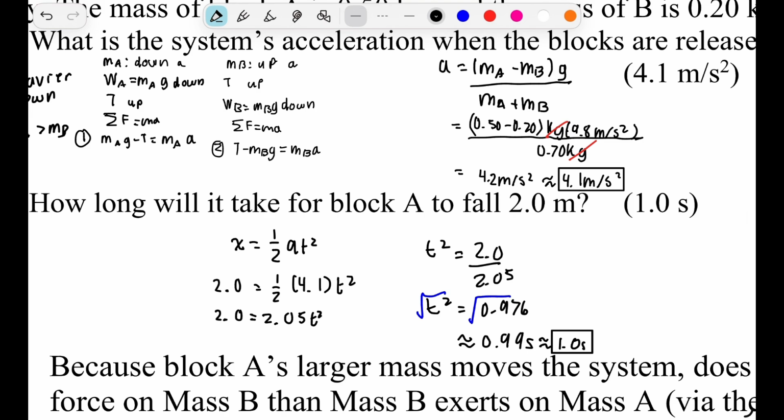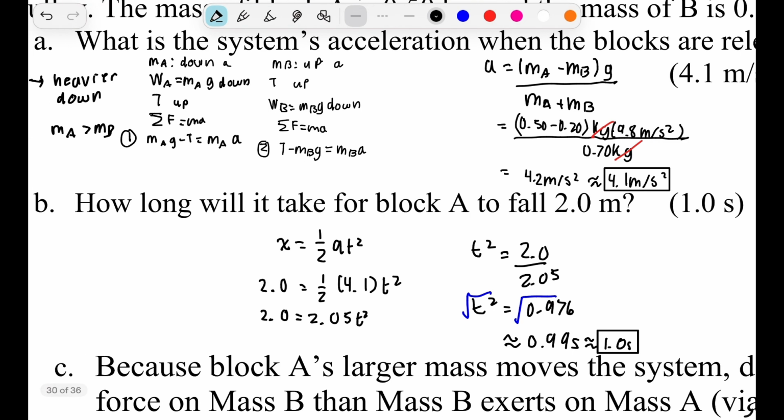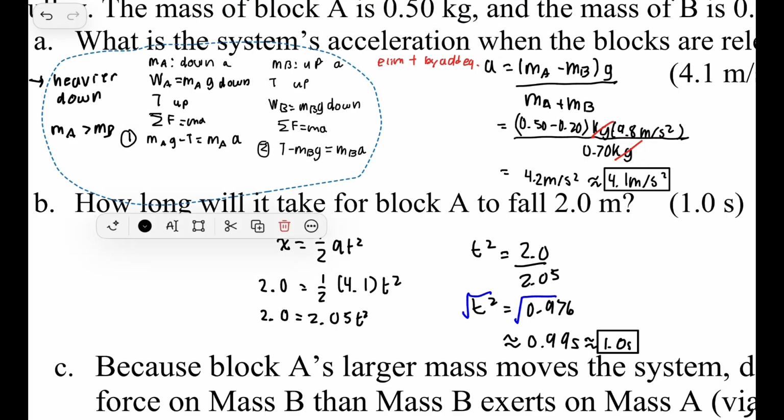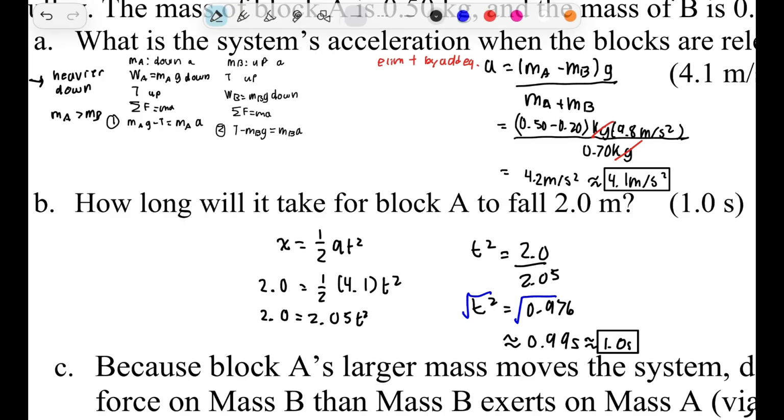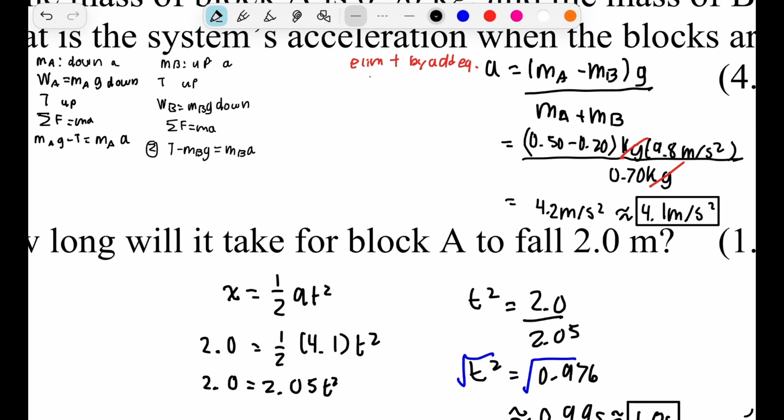Now we have two equations. So we can eliminate the tension by adding the equations together. So we're going to have mag minus T is equal to maa.